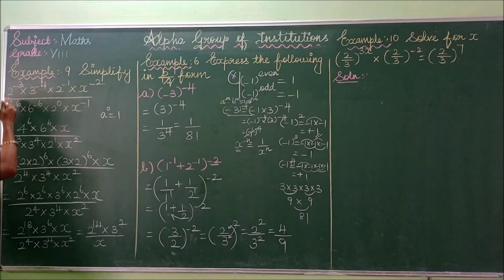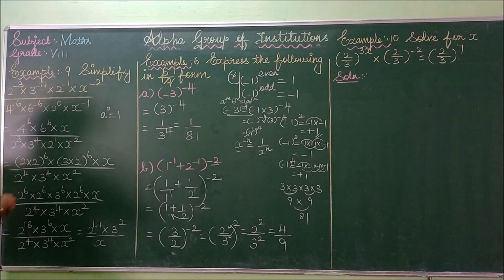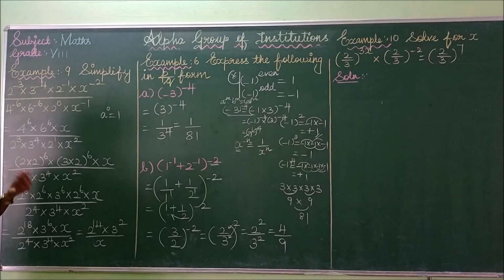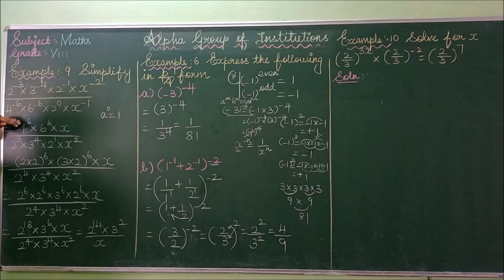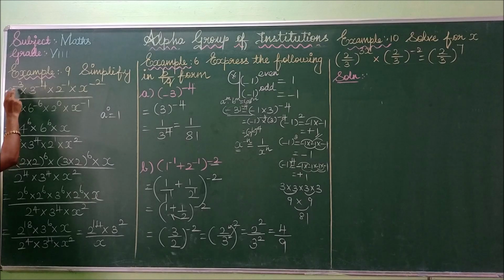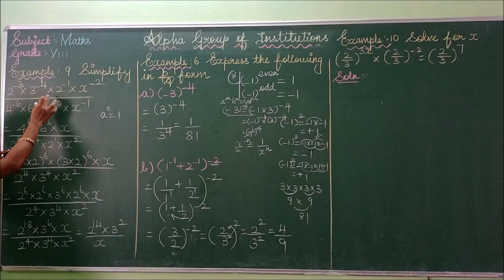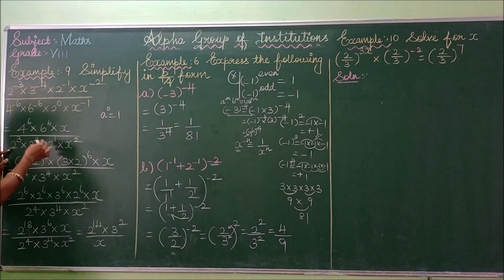In this problem I am taking all the negative powers in the numerator to the denominator, since a negative power can be written as 1 by. So 2 power -3 is 1 divided by 2 power 3. 3 power -4 is 1 divided by 3 power 4. 2 power -1 is 1 divided by 2 power 1.